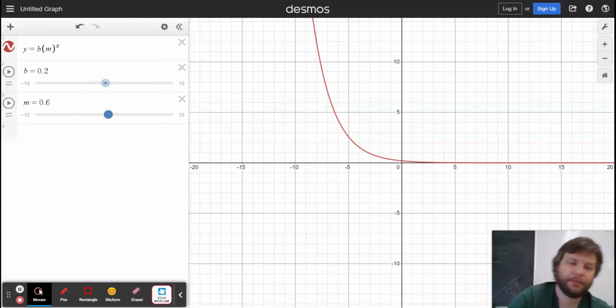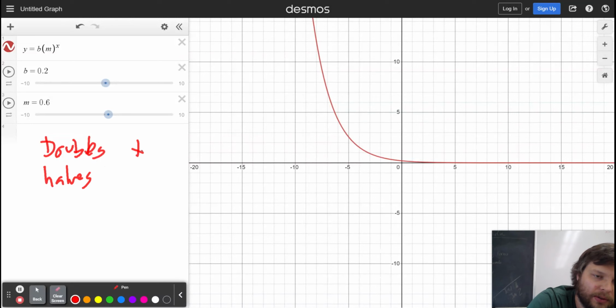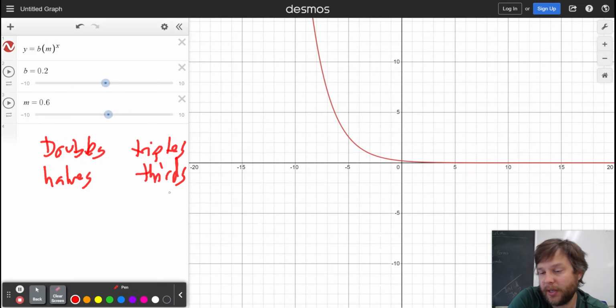So when you're trying to come up with exponential word problems, some things you want to be thinking about are, can you use words like doubles? Can you use words like halves or triples or thirds? Some things like that could be if you're talking about cell growth.